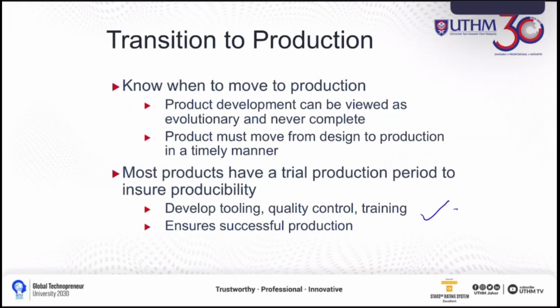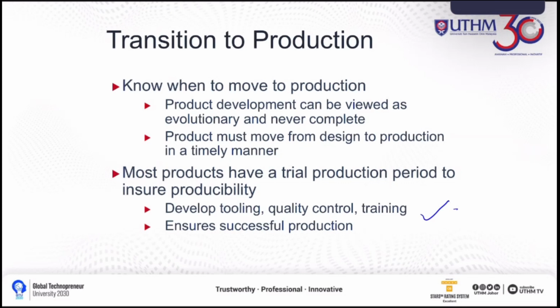Okay, the last part of this chapter is the transition to production. Now we have already designed our product, so we need to move into the production stage. We need to know when to move to production.